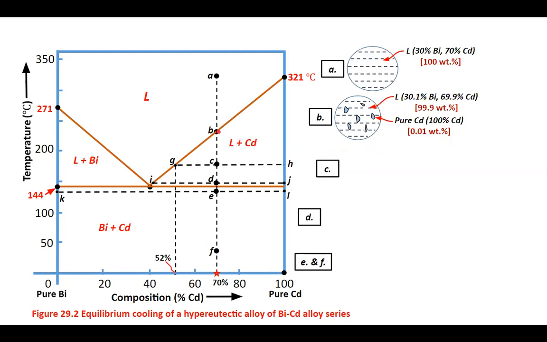Then as the cooling proceeds under equilibrium conditions, more and more pure cadmium, that is the solid phase, will keep on forming in the system, at the expense of a decrease in the amount of the liquid phase.